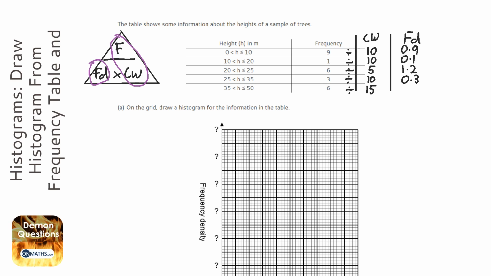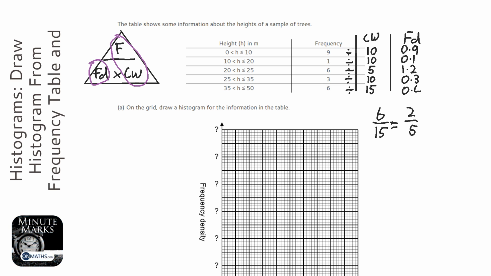And 6 divided by 15. Well, if I've got a calculator it's easy, but here I can divide top and bottom by 3, so that's 2 over 5. So that's 2/5, which is 0.4.